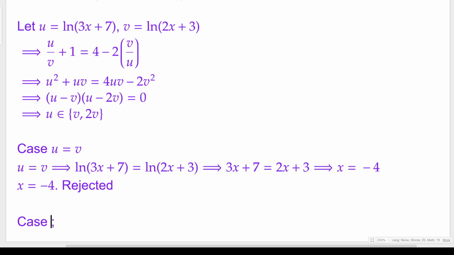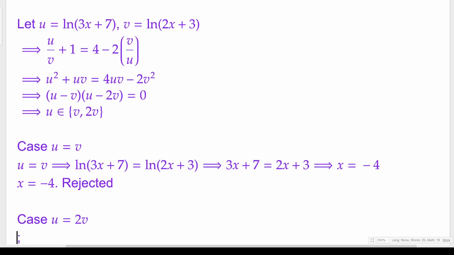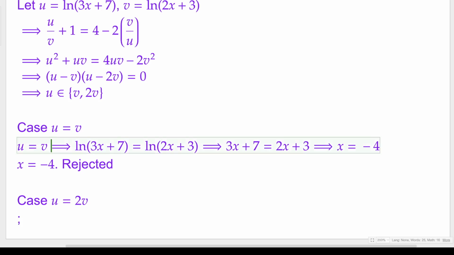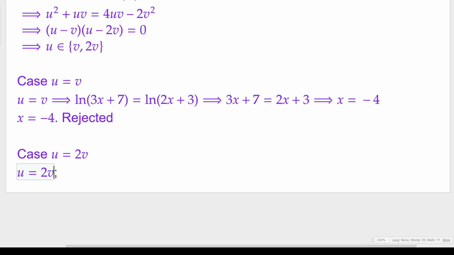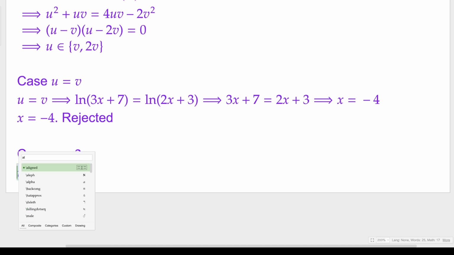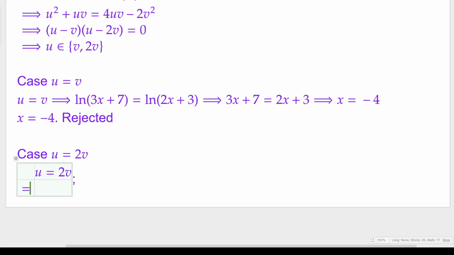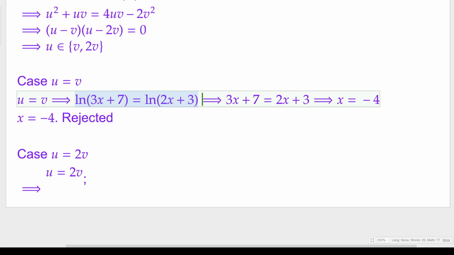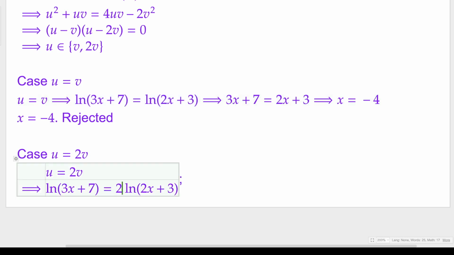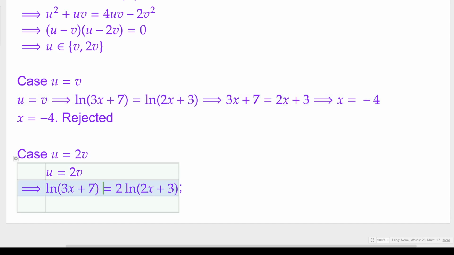Now the next case where my u is equal to 2 times v, right. So now I'll be solving this part, that is u is equal to 2v. Now this one I can just copy as it is, or maybe I'll just align this properly, right. So this is my given case and this will remain exactly as it is, only these two will be written here, and in the next step I'll take this into the power of this one.